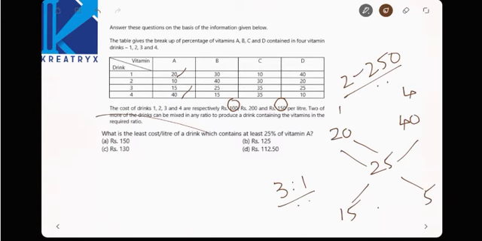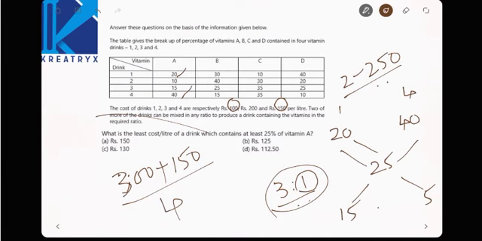So you have to mix drink 1 and drink 4 in 3 is to 1 ratio. Now drink 1 is 100 rupee cost, so 3 into 100 will be 300, plus drink 4 is 1 part, 1 into 150 is 150, by total parts are 4. Now 450 by 4 is nothing but 112.50. Got the thing? See here, alligation diagram, right?